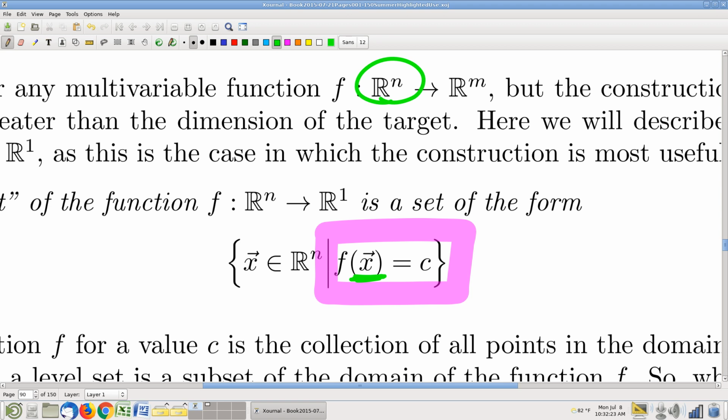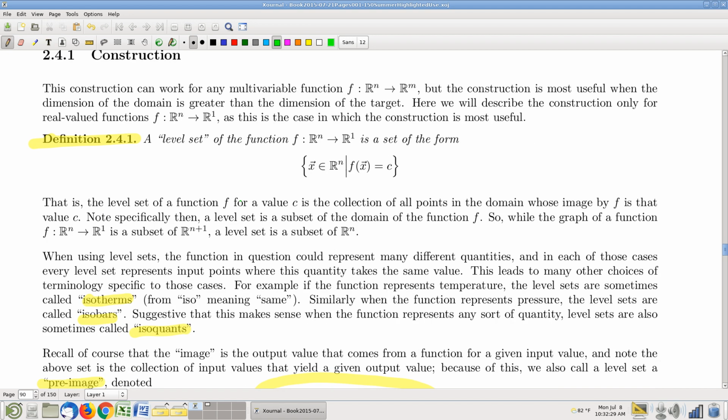Yeah? Okay. All right. We're going to draw some pictures, but I want to talk a little bit about terminology and notation first. I'll elaborate on this soon, but you've probably seen some pictures of level sets in the past. A pretty good example is when you watch the weather. I don't know if anyone does this anymore. I was about to say, if you watch the news and watch the weather, nobody does that anymore, right?